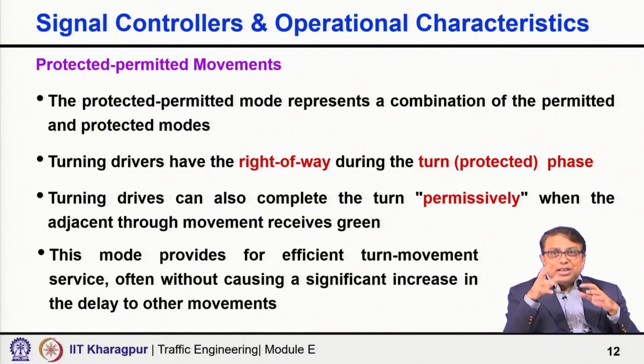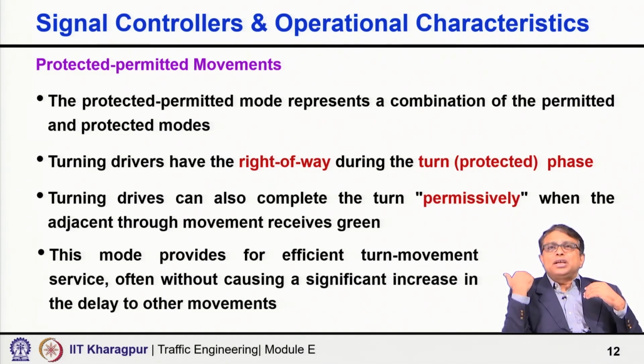So you have a protected phase, and no other conflicting movements will be allowed. But also, when the opposing straight vehicles are allowed, the right turning is also given a permitted turn.